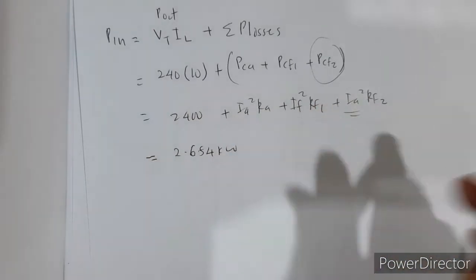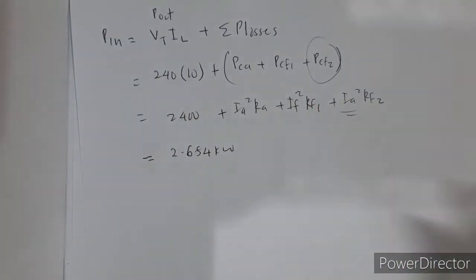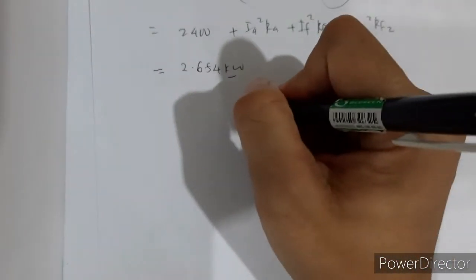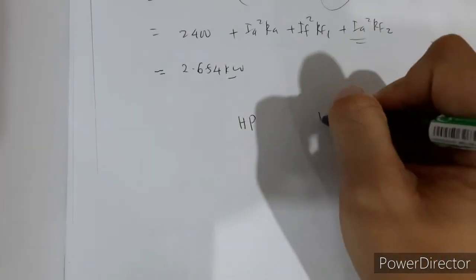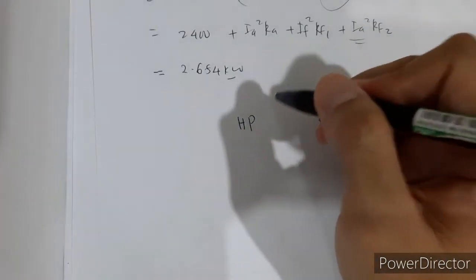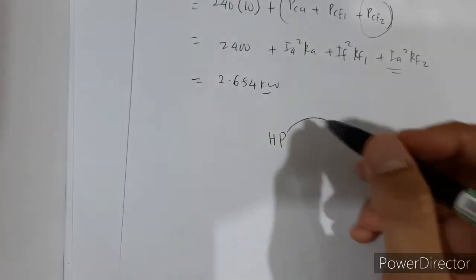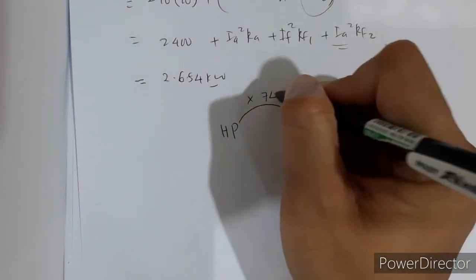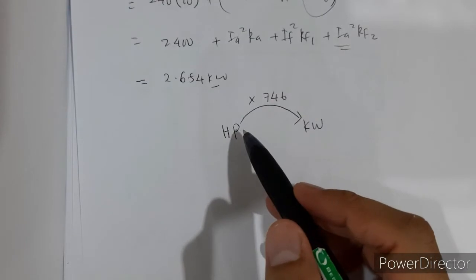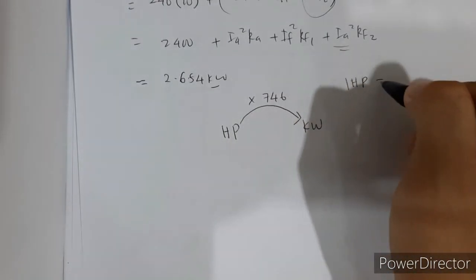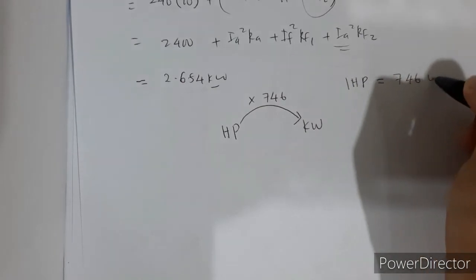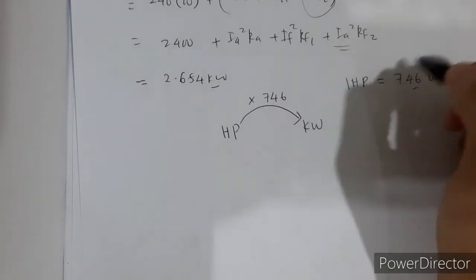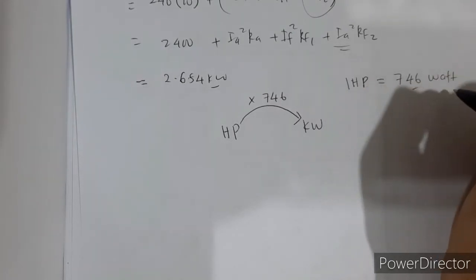So you calculate the answer is 2.654 kilowatt. So how to convert from kilowatt to horsepower? Remember the cycle, horsepower, and then this is kilowatt. To convert from horsepower to kilowatt is by multiplying by 746. Why 746? Because 1 horsepower is equal to 746 watt, actually 745.something, so we just round it to 746 watt.